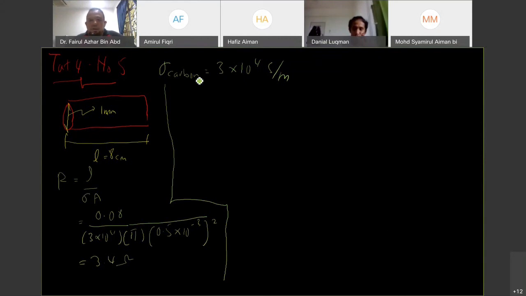So in this case, this is our carbon resistor, and then we coat it with copper on the outside of it.